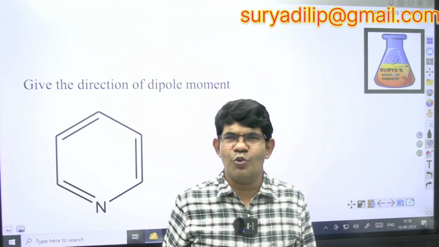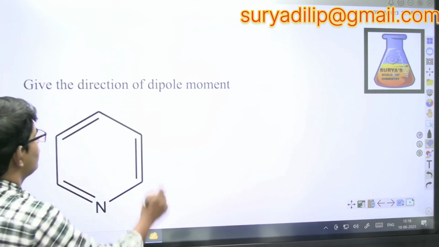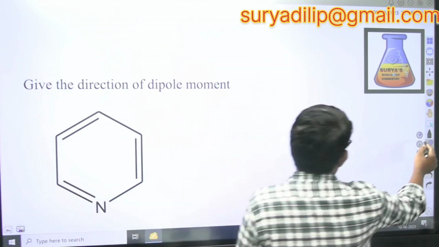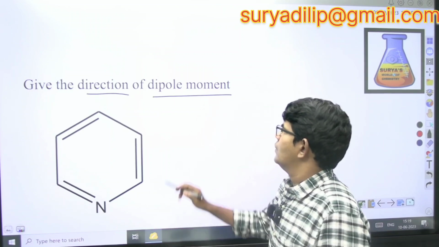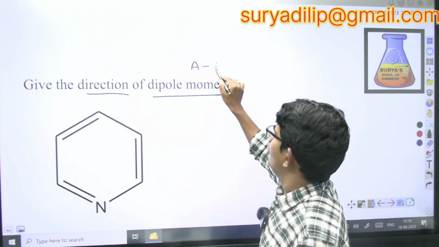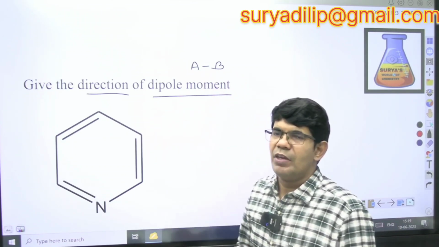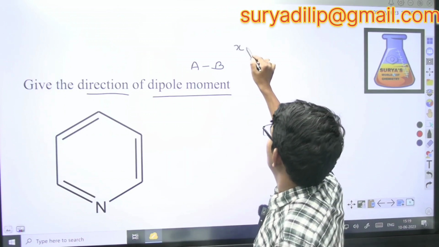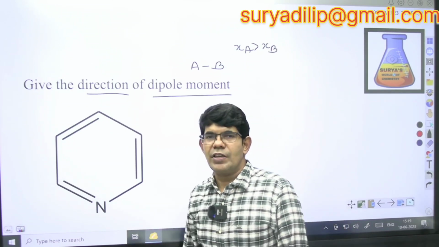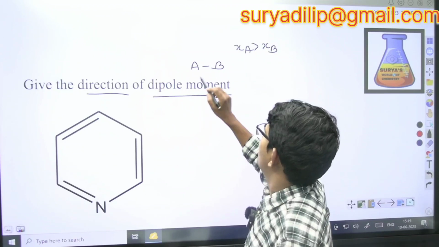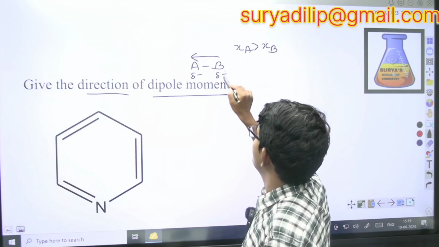Right, students, let's move to the next question. Give the direction of dipole moment. Suppose you take a covalent molecule and it is polar, say AB, where the electronegativity of A is greater than the electronegativity of B. In such a case, how will you show the direction of the dipole? Here you will have a partial negative charge and here a partial positive charge.